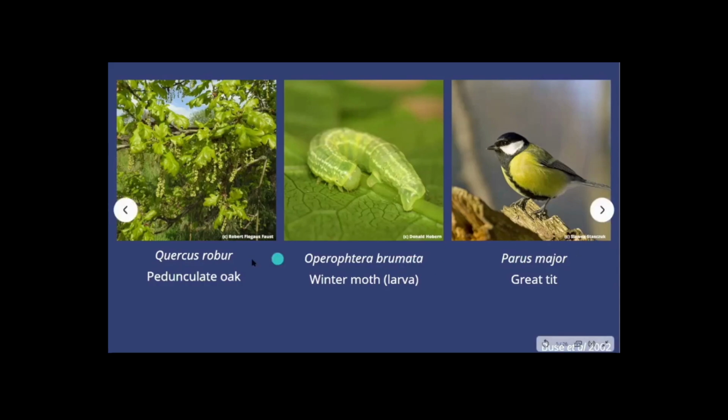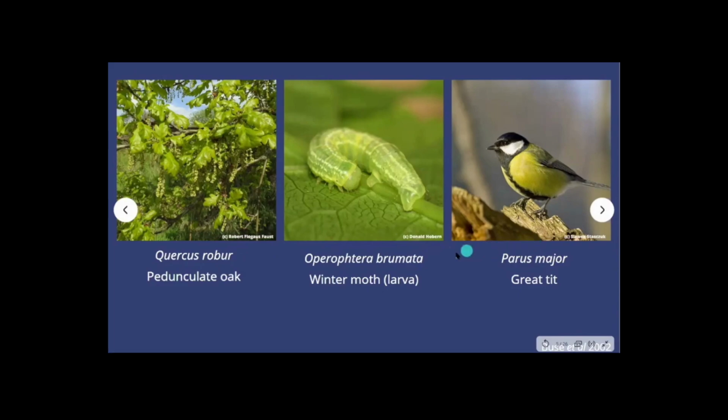So here is a species of tree known as pedunculate oak, and this tree puts out fresh leaves during springtime. The fresh leaves of this tree are eaten by the larvae of the winter moth, and these larvae are in turn eaten by the growing chicks of this bird known as great tit.